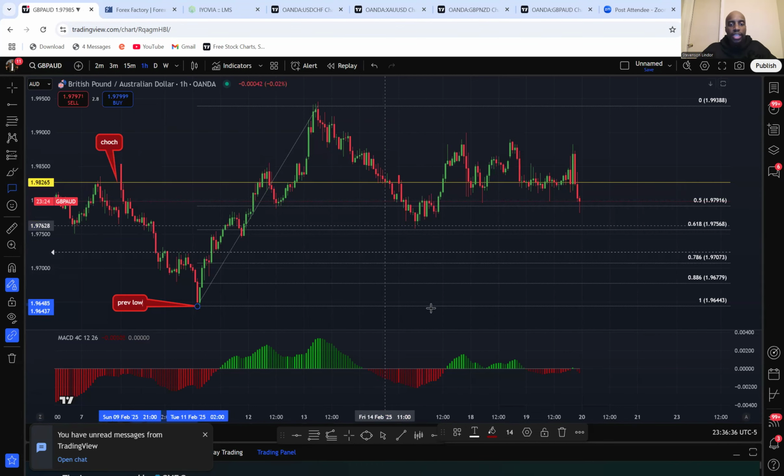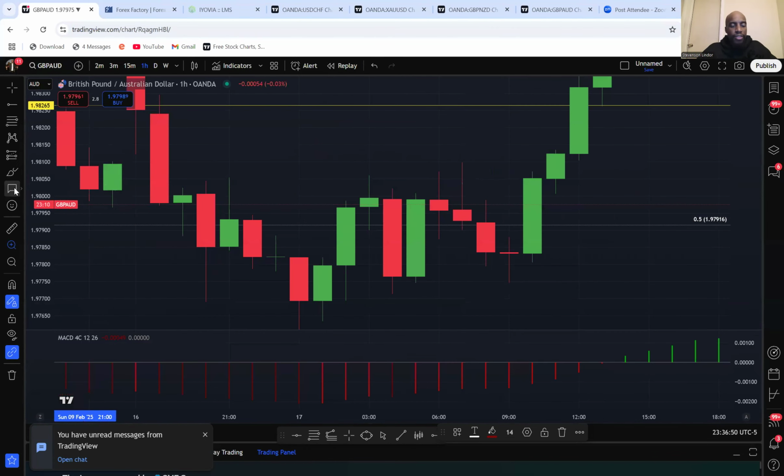And as you can see, in conjunction with the MACD, this is bearish. It's not creating a new low. I got a close above on this bullish candle right here. That was my close above, that's my confirmation, and this is my entry candle.